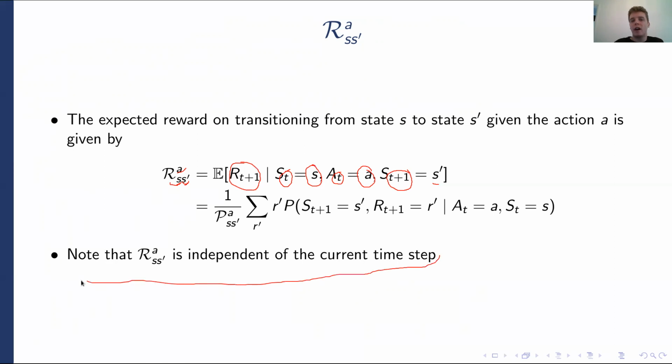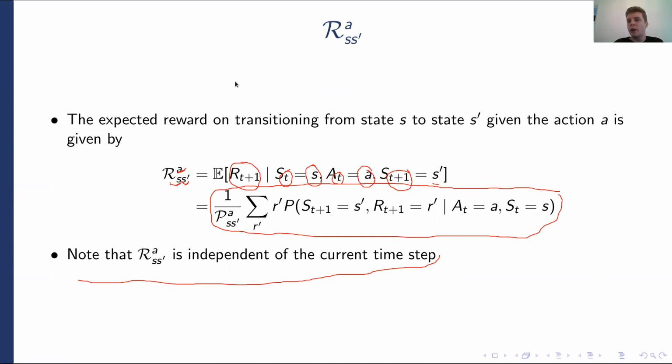Also note that R(s,s',a) is independent of the current time step, in the same way that I explained before. So no matter what time step you are at, you should expect the same reward for having transitioned from a state s to state s' through an action a. Okay, and R(s,s',a) can also be derived from the one-step dynamics that I mentioned earlier. But this is just a small note.